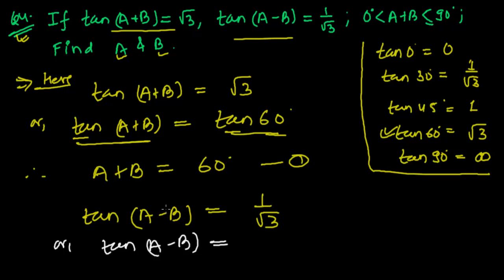Exactly, tan 30 degrees has the value equal to 1 upon root 3. So in the place of 1 upon root 3 I can write tan 30. So tan(a − b) is equal to tan 30.